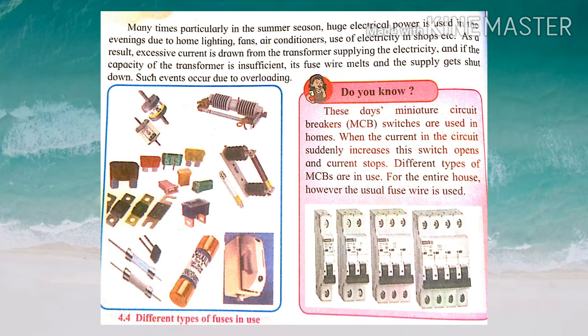Such events occur due to overloading. Nowadays, miniature circuit breakers, that is MCB switches, are used in homes. When the current in the circuit suddenly increases, this switch opens and current stops. Okay.